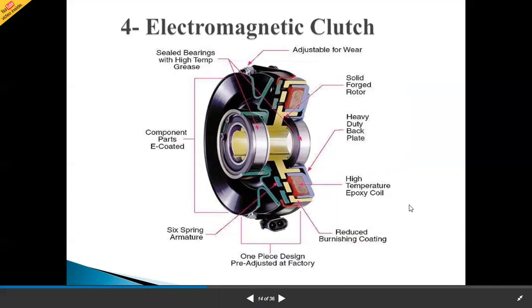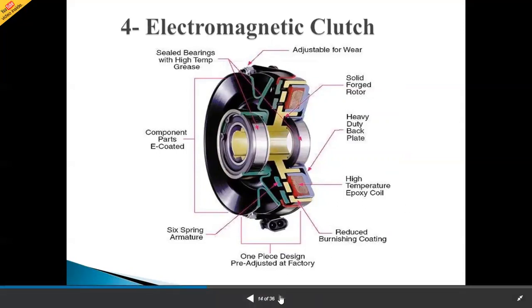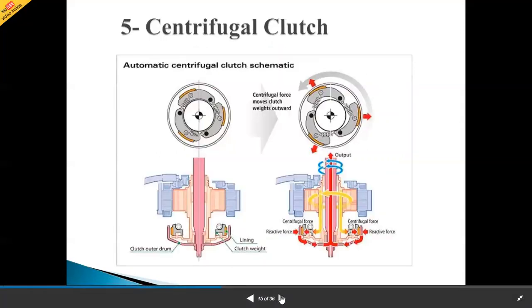An electric and magnetic field is used in this clutch, and it works according to that. A centrifugal type of clutch is also available. Here centrifugal force is applied for moving the clutch, and it moves in the outward direction. In this way, this centrifugal clutch works.